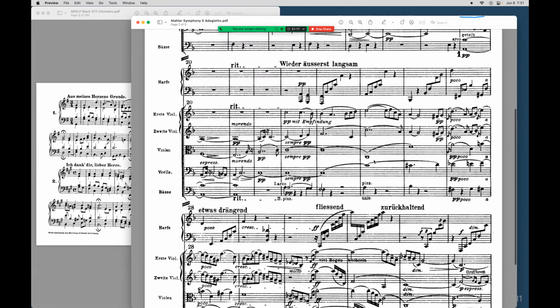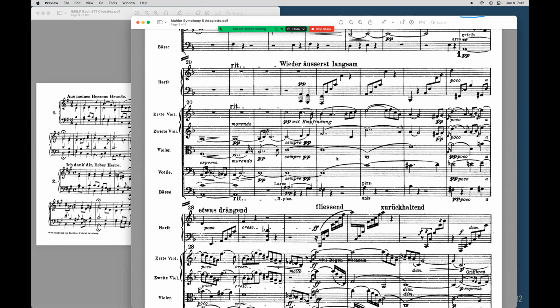But all throughout this bit right here, we see that the cello is moving and acting as an inner voice. Here, the bass pizzicato is holding down the bass line, but the cello is participating in the accompaniment along with the second violin, then the viola.